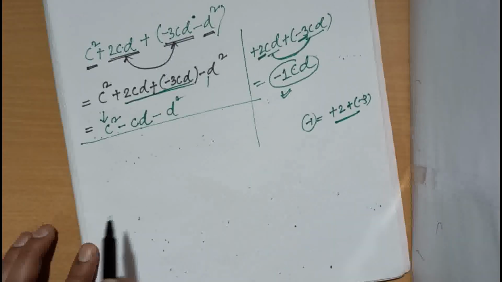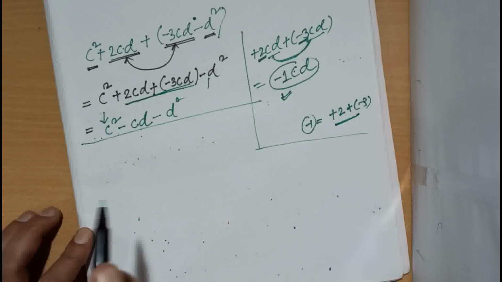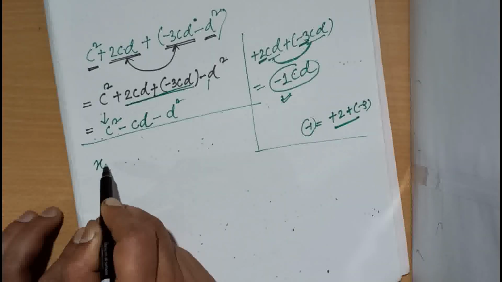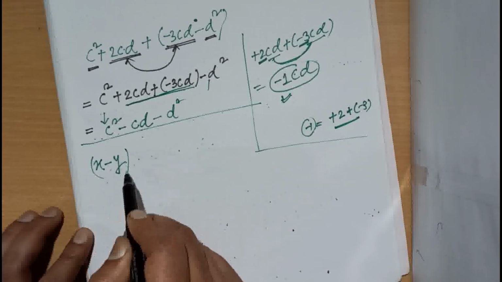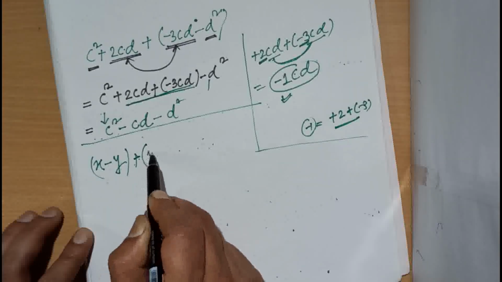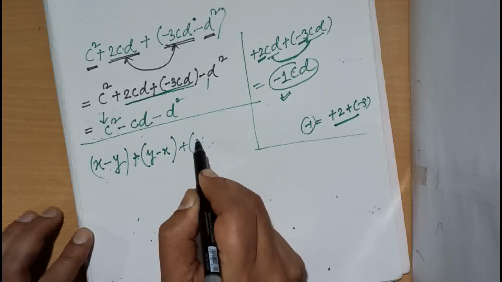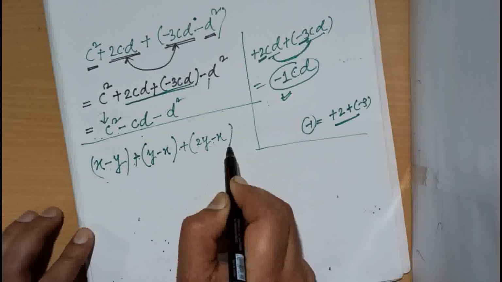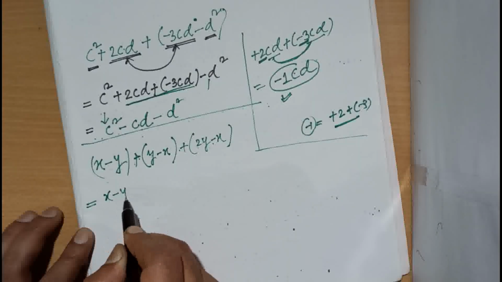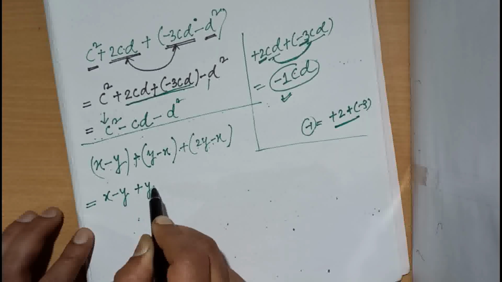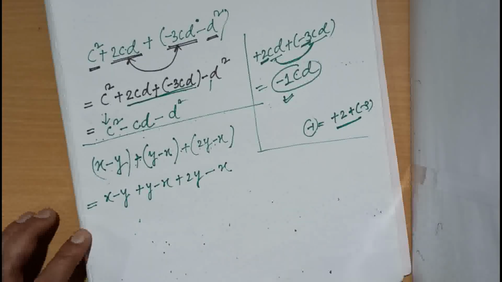Let me take another example to make it clear. Say one example I am taking, x minus y plus y minus x plus 2y minus x. What is it? Just open the bracket. So if you open the bracket, it will be x minus y plus y minus x plus 2y minus x.